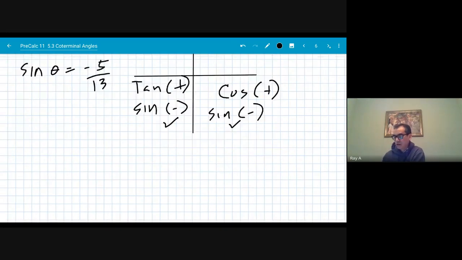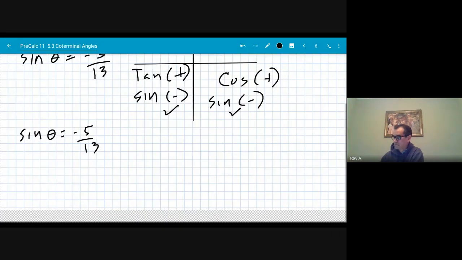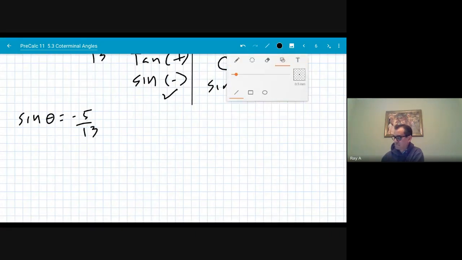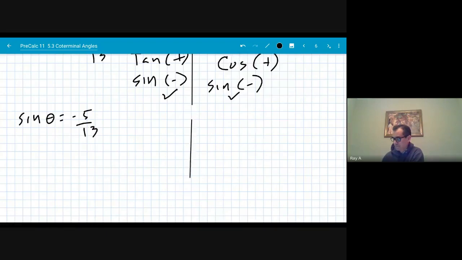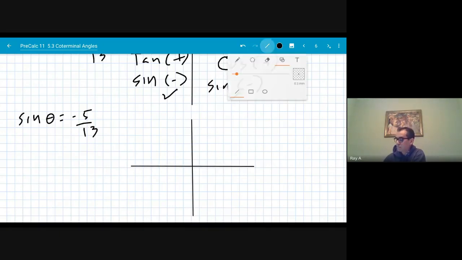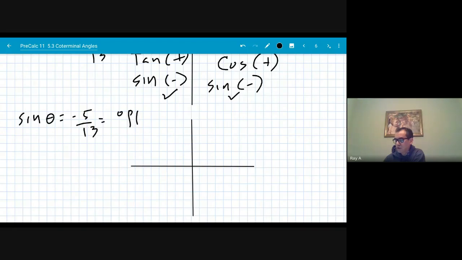Now if sine theta is negative 5 over 13, think about it this way. Sine is opposite over hypotenuse. How does that look?